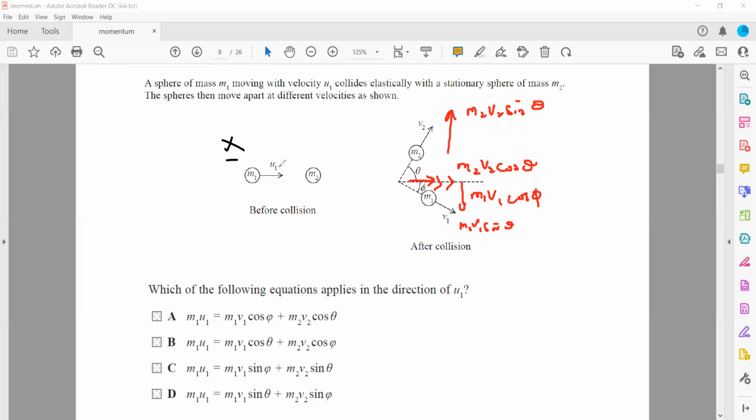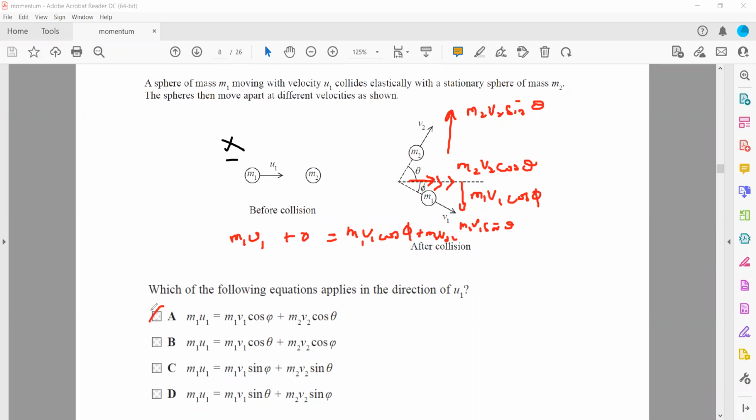So we need it in the x direction. The total momentum before collision will be m1 u1 plus 0. The total momentum after collision will be m1 v1 cos phi plus m2 v2 cos theta.